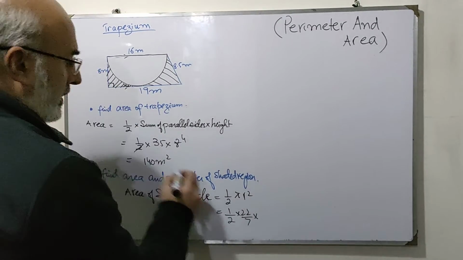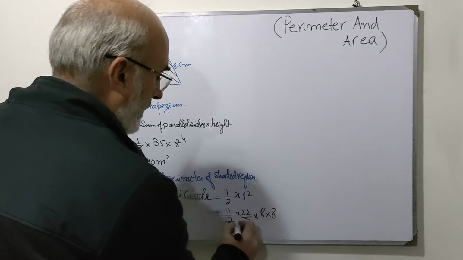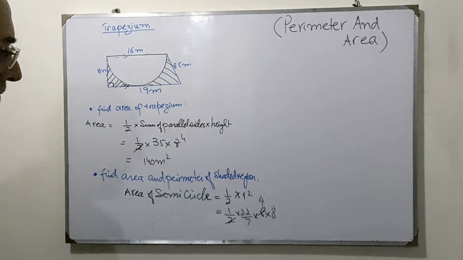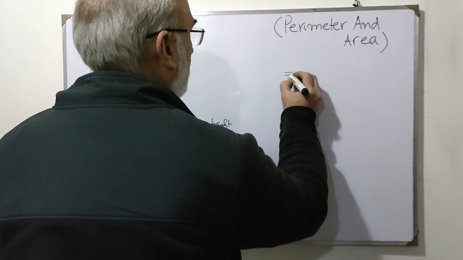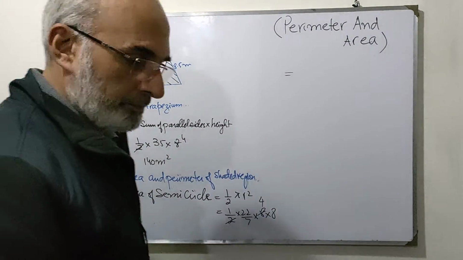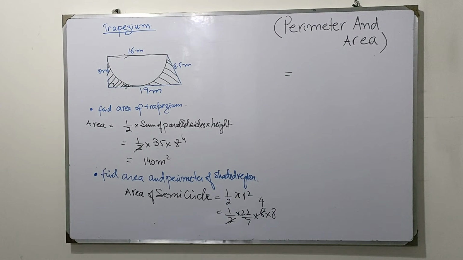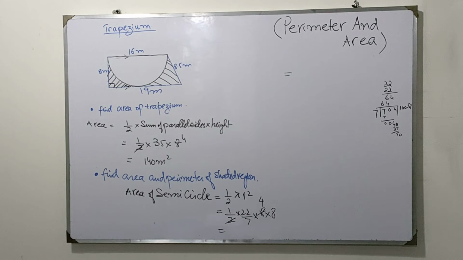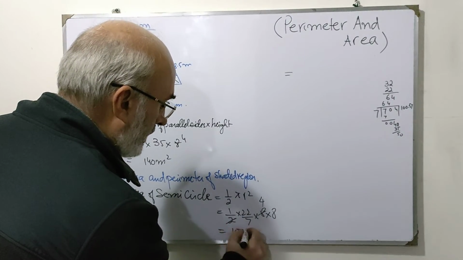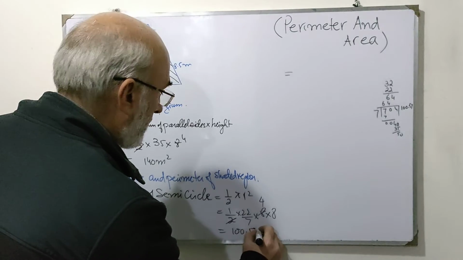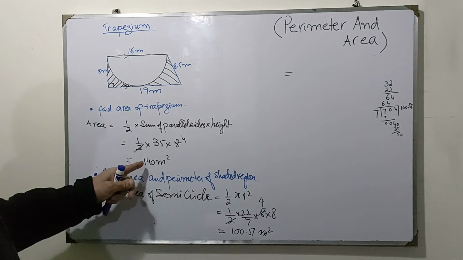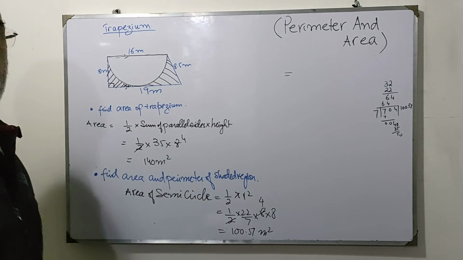So we're going to use 8 into 8. Let's calculate this. Okay, so I have calculated, and it is around 100.57 meter square.